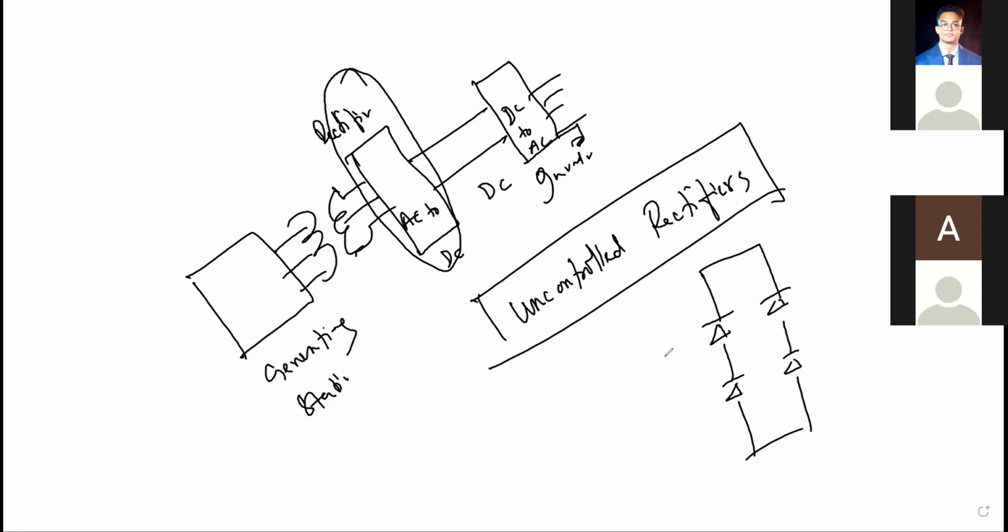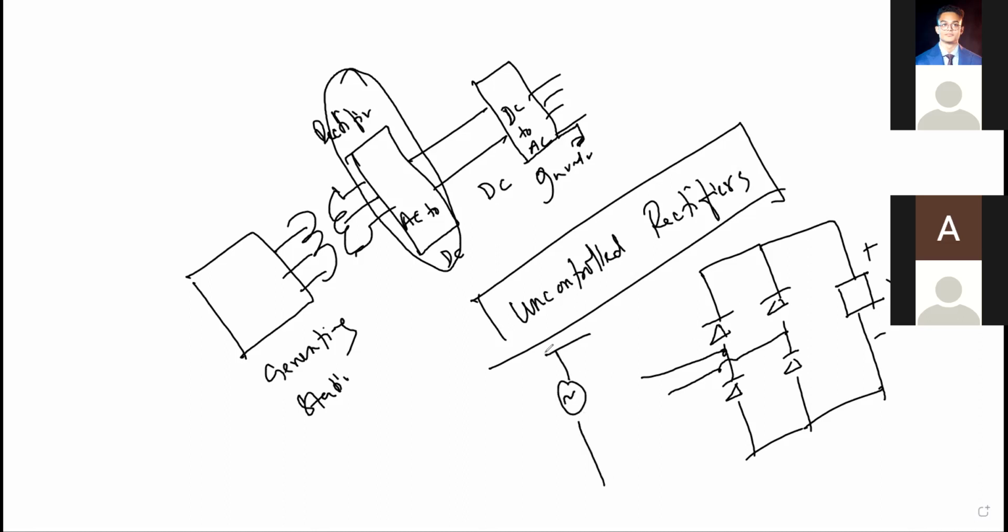Suppose this is a single phase full-wave rectifier, and this one is VDC, IDC. This is D1, this is D2, this is D3, and this is D4.